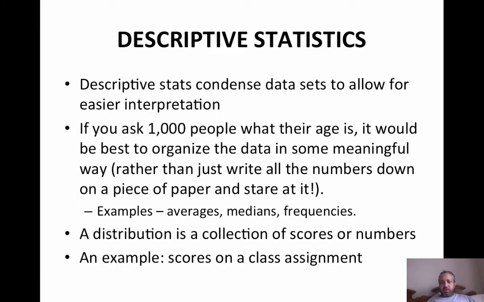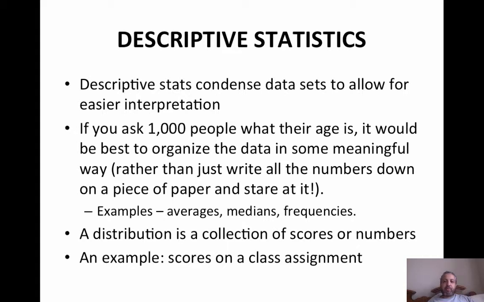Descriptive statistics are really the most basic kind of statistics. You're all familiar with them. These are descriptive statistics that basically condense data sets to allow for easier interpretation. They make large distributions easier for us to understand, if that makes sense.